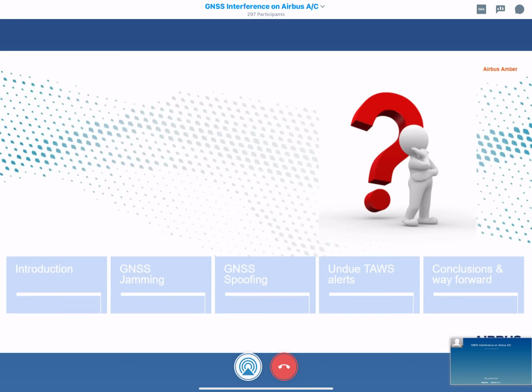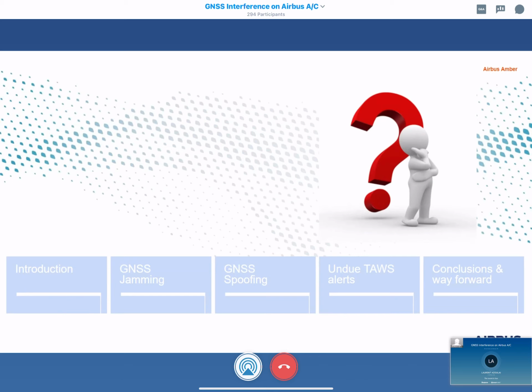Coming back to the previous question, how will spoofing affect aircraft enabled with SBAS or GBAS functions? I will take this one. I remind you, SBAS and GBAS are augmentation systems that augment GPS position. Especially SBAS is using the same frequency carrier as GPS.